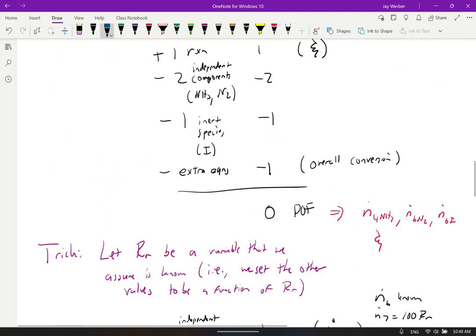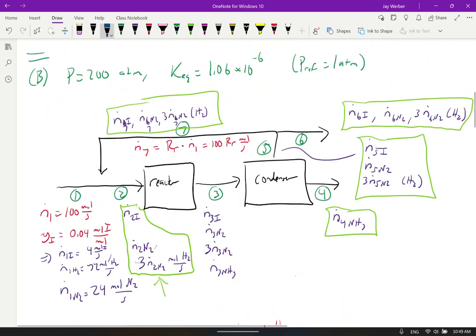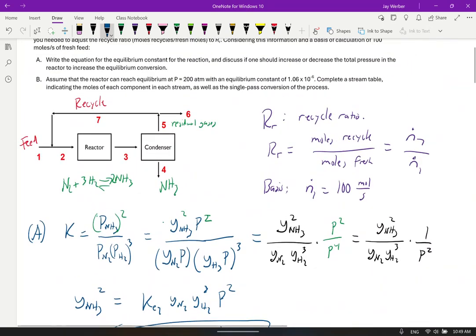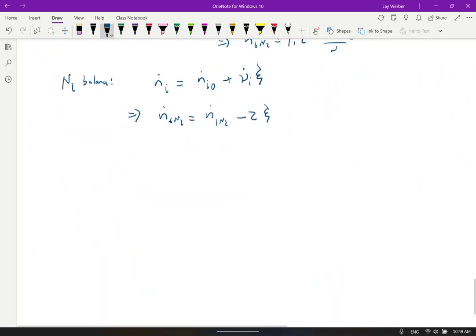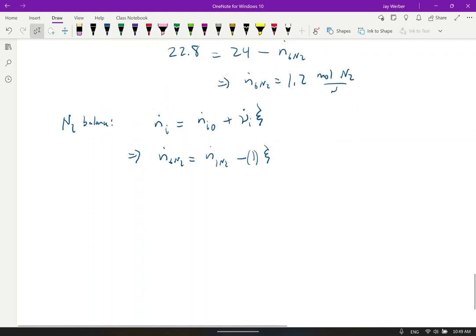No, I think I'm wrong, right? So our stoichiometry is that we have one nitrogen. So sorry, the stoichiometric coefficient is just 1. So minus 1. Great. So let's plug in our values. So we have 1.2 is equal to 24 minus the extent of reaction.